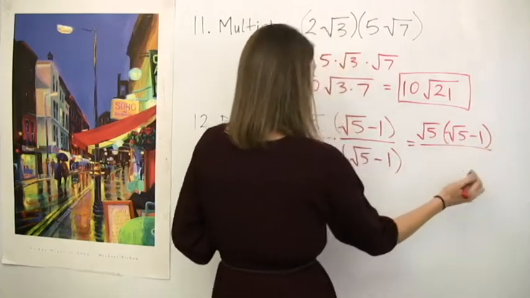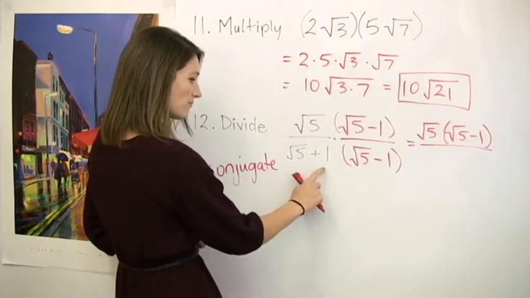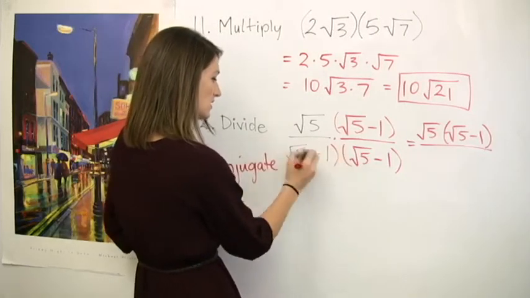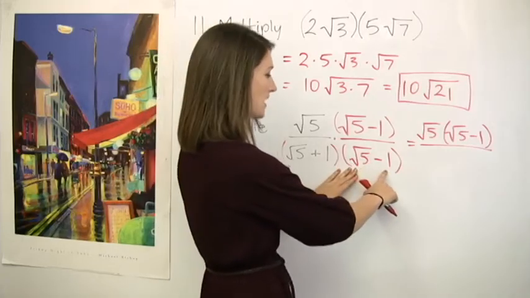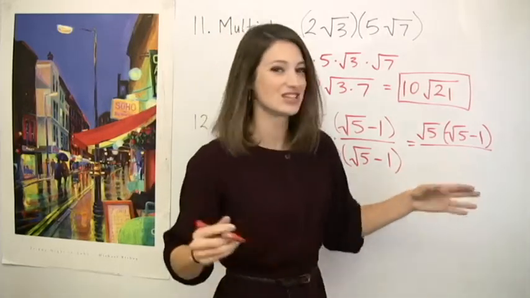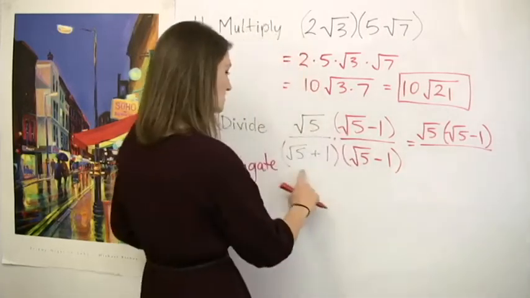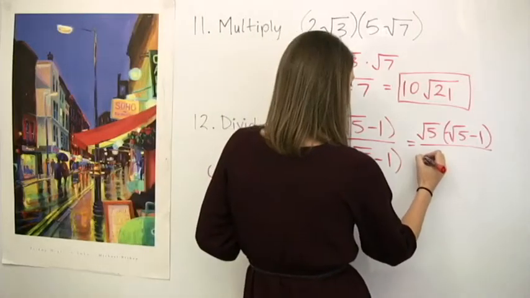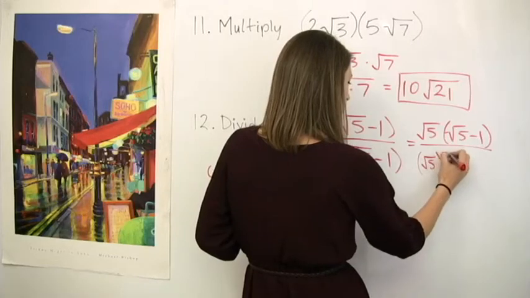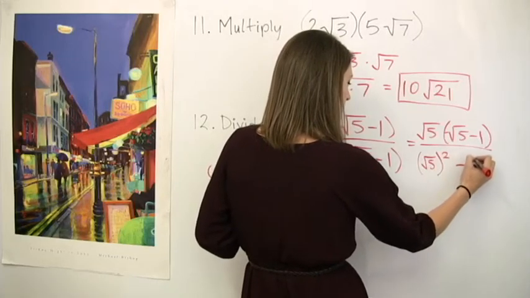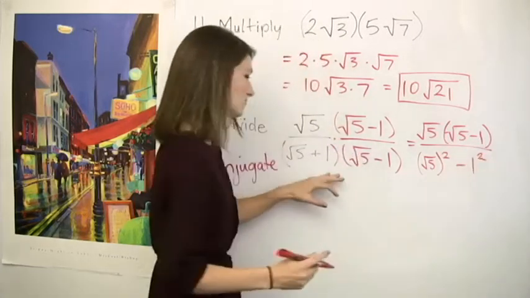And that's over the square root of 5 plus 1, this quantity here, times its conjugate, the square root of 5 minus 1, is essentially the difference of two squares. So we can write this as the square root of 5 squared minus 1 squared.